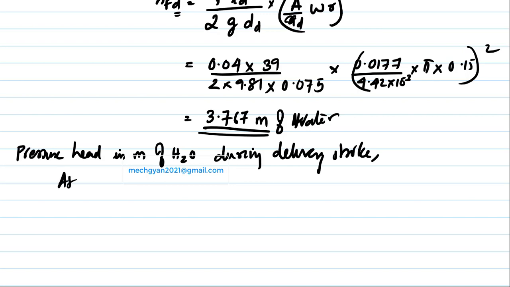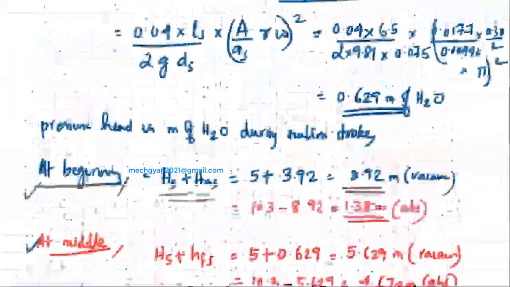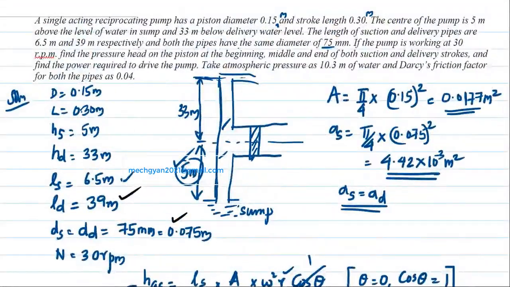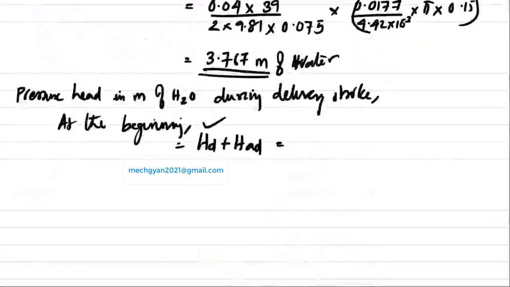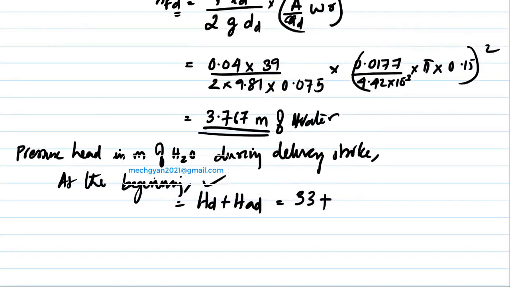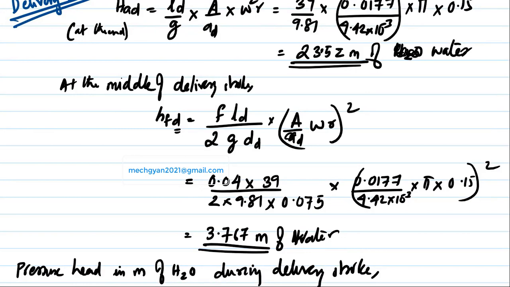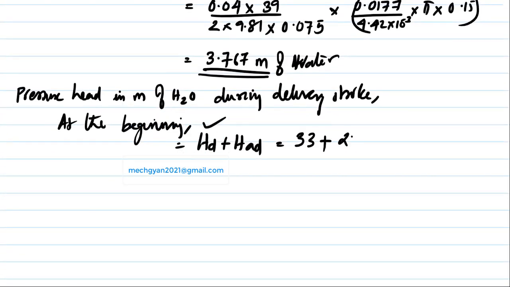So at the beginning is equal to HD plus HAD. First we have to see what HD is, from the middle of the pump to the end of delivery. It is given as 33 meters. So 33 plus HAD, which we just found, 23.54, that is equal to 56.54 meters gauge.